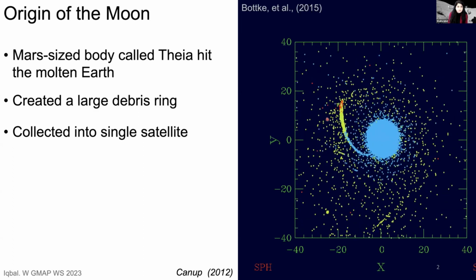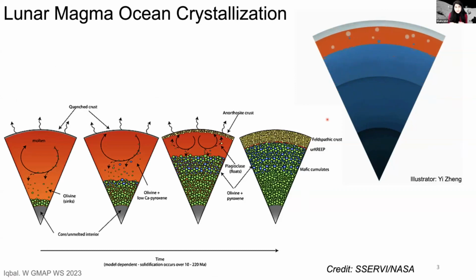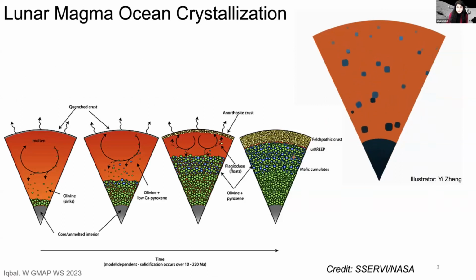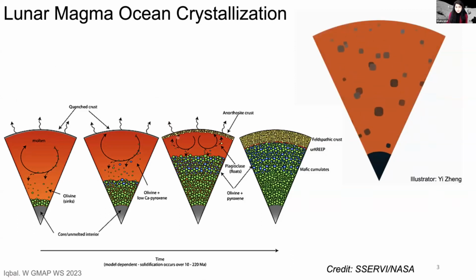So when the early Moon was formed, it was covered with a magma ocean, and this magma ocean crystallized over time. When 80% of the magma ocean had crystallized with the heavy minerals, including olivine and pyroxene, the lighter minerals started crystallizing and formed the proto or early crust, which was rich in feldspathic minerals.